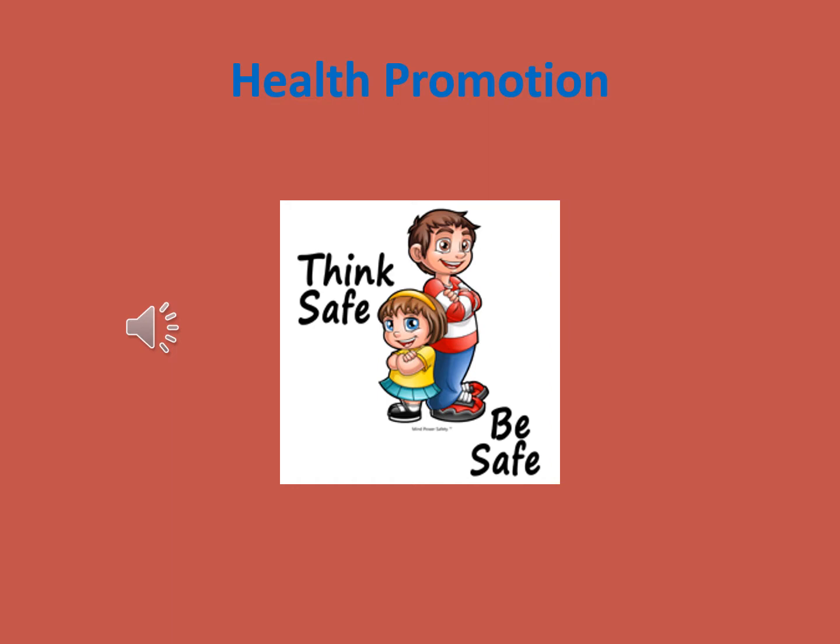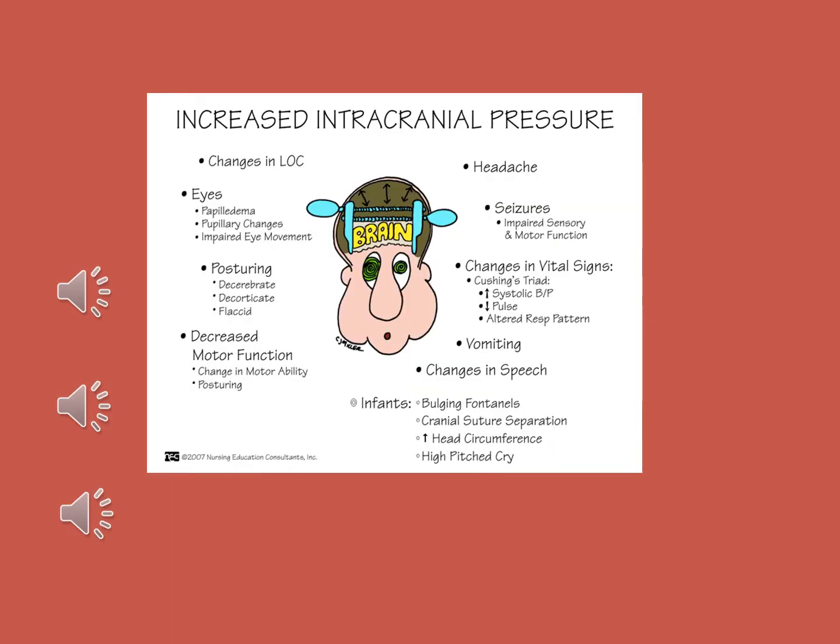Wearing protective gear during sports, wearing helmets, especially bike riding, trying to prevent sports injuries. Wearing all the safety equipment that's needed to prevent further issues is really what we're getting at with health promotion. And talking about neurological.